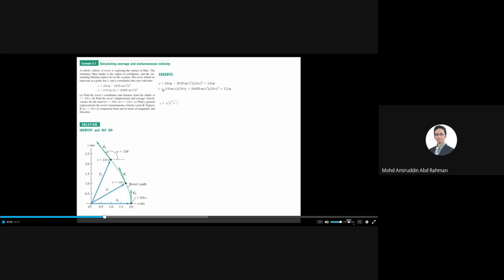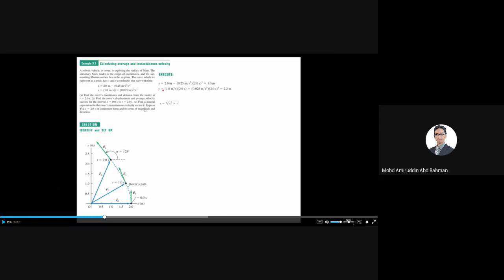So how do we obtain that? Basically, we insert the value into this equation. Given x equals 2 minus 0.2 times t squared, at t equals 2 seconds, we have x equals 1 and y is 2.2 meter.